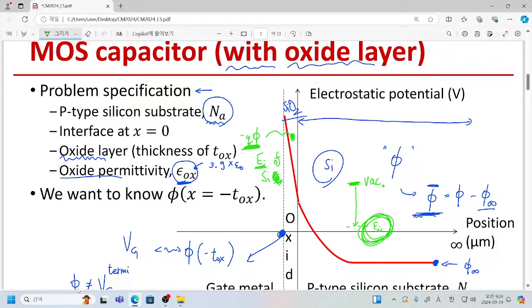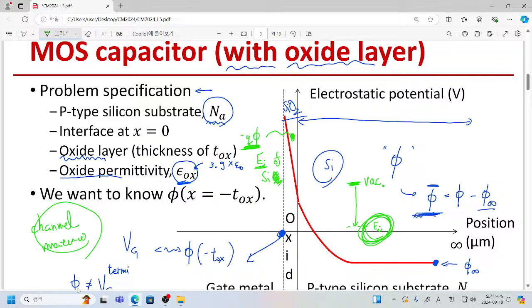So usually when we have multiple materials, the material with the narrowest band gap is used as what? It is used as the channel material, and all other materials are just treated as insulating materials.